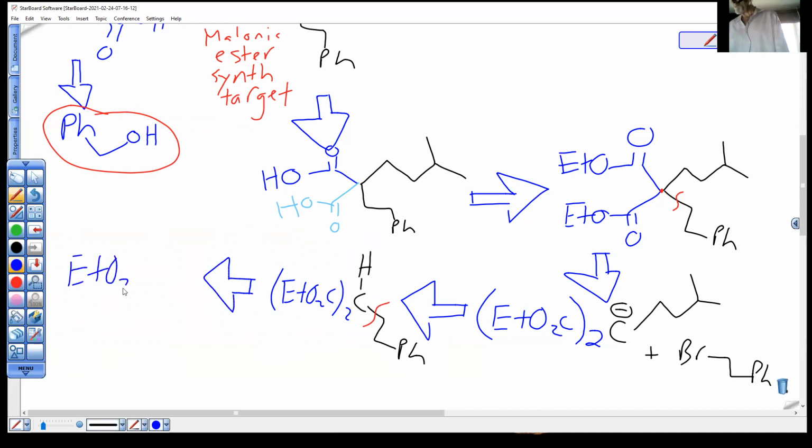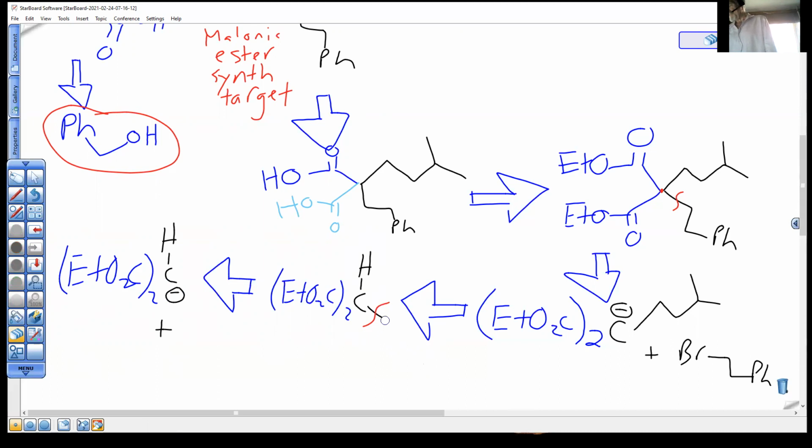EtO2C taken twice, CH negative plus, wait a minute. I didn't do this right, did I? Sorry. We had the isopentyl still on there.